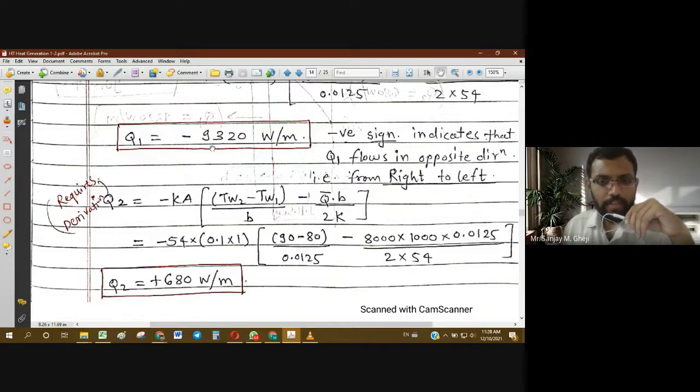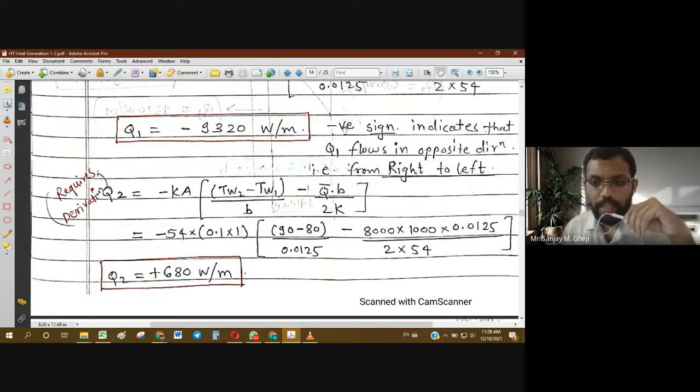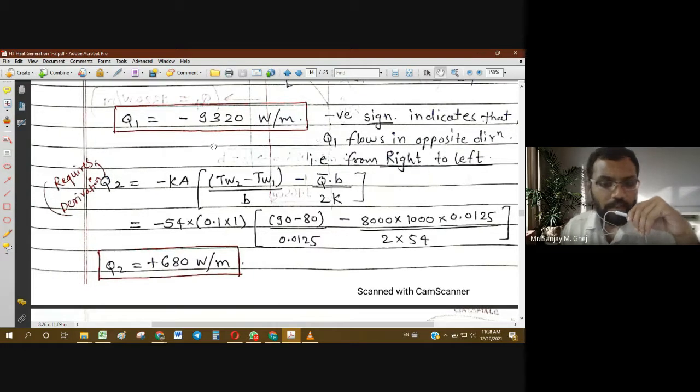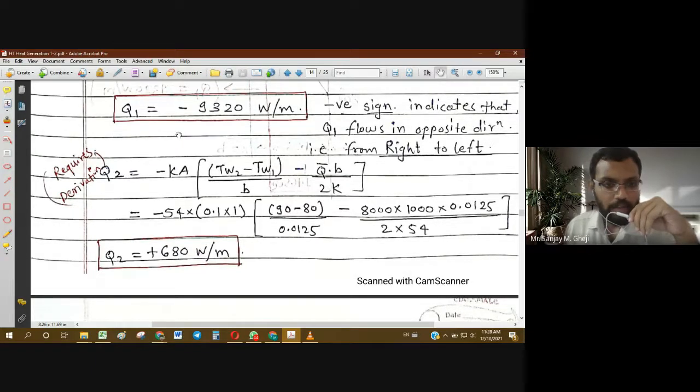So positive or negative only indicates the direction. A negative sign means it is in the opposite direction of what we have assumed. Generally, we assume heat transfer from left to right to be positive. So when it is negative, it becomes right to left.